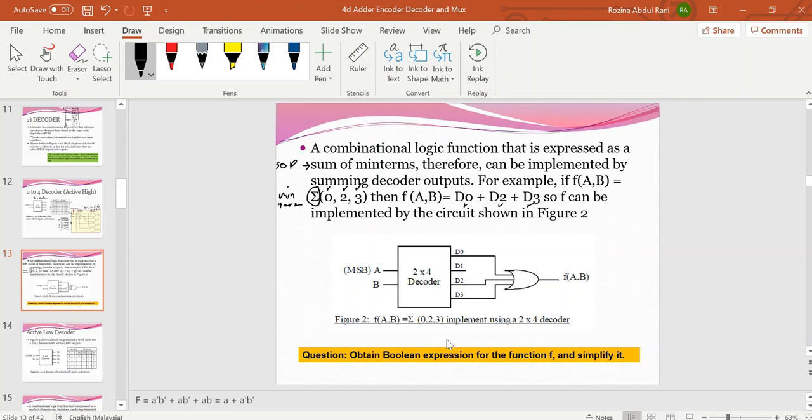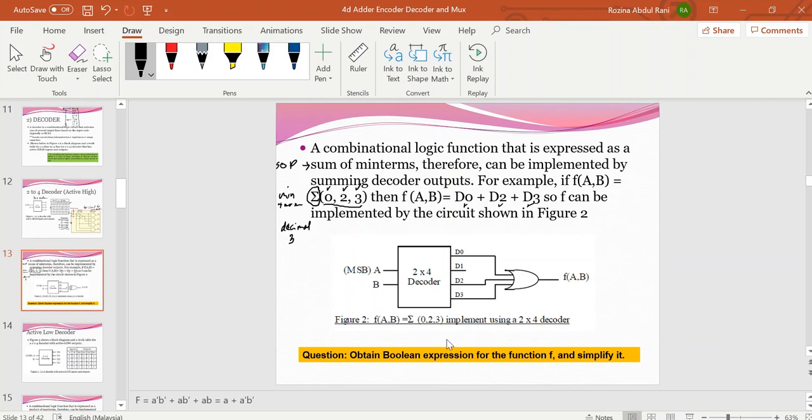If you still remember, you need to check the equation for this function. Here, the highest number is 3, in decimal.